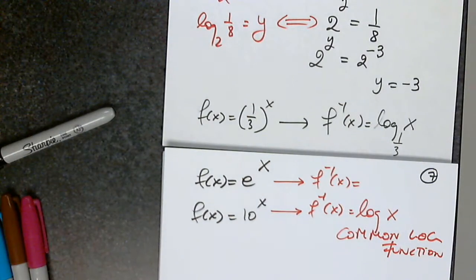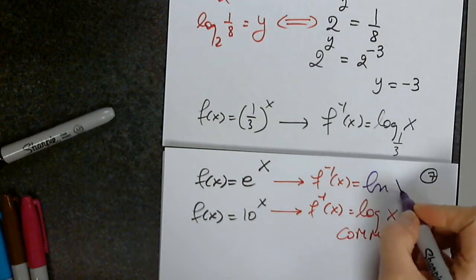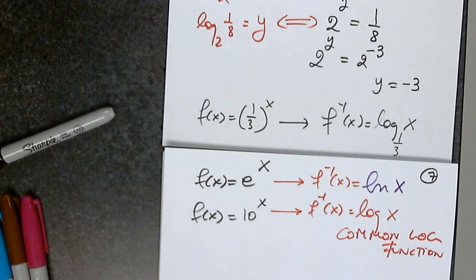Good. So look again now at e to the x. What is the inverse function of e to the x? And yes, it's not log, but it's a very special ln. What is the base of ln? It must be the same as the base of the natural exponential function. So we know that ln, although there is no base in there, we know the base is e.